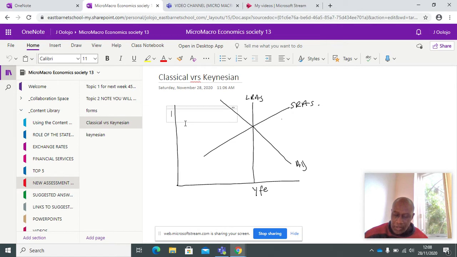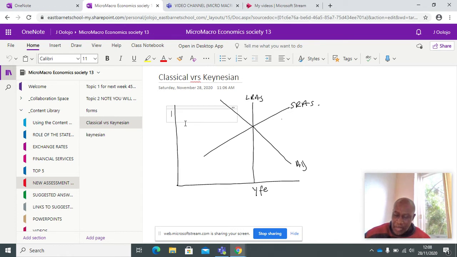Now, let's suppose there's an increase in taxation for whatever reason. Maybe the government wants to reduce their budget deficit, so they decide to increase tax. That has an impact on consumption.